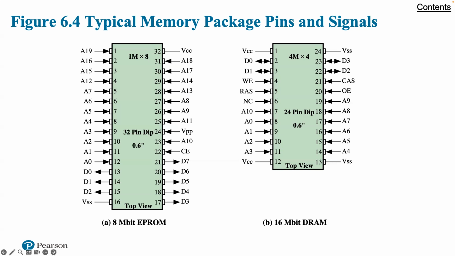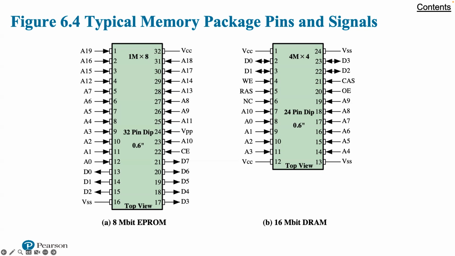Because the DRAM is accessed by row and column, and the addresses are multiplexed, only 11 address pins are needed to specify the 4 megabit row/column combination. 2 to the 11 times 2 to the 11 is 2 to the 22, which gives us 4 megabit.